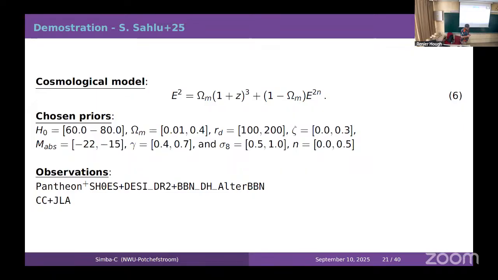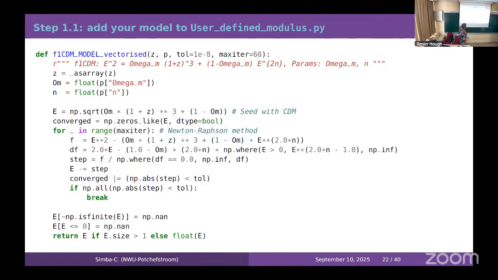For the priors and this demonstration, I'm using Pantheon Plus with SH0ES, nicely calibrated to separate variables in the big data set, BAO from DR2, since it's the one that gave everyone a lot of work to do, and BBN to help calibrate with the sound horizon, the Hubble constant degeneracy. And then just for interest, CC and JAS, the original paper of interest to work on. Now, what do you have to change?